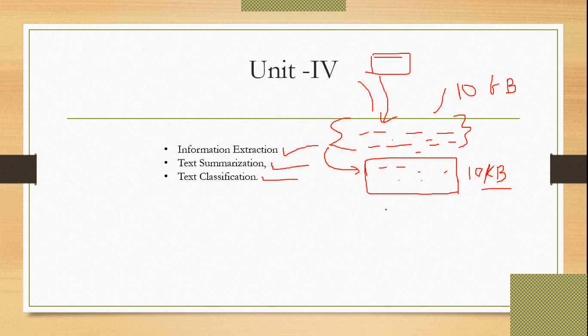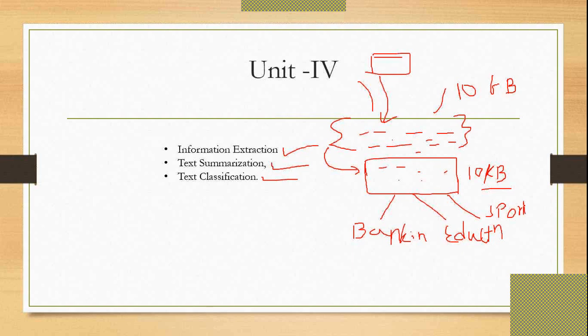How can you classify data? You can classify it like this: is it banking or financial data, bank related data? Is it educational data? Is it sport data?